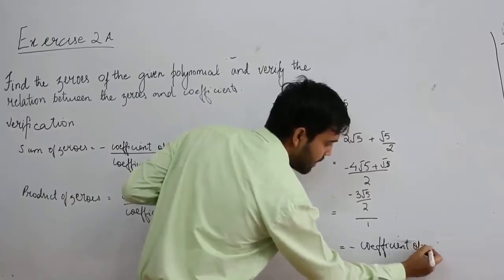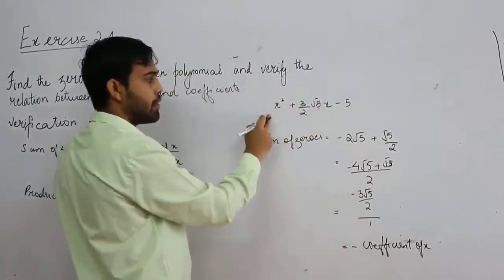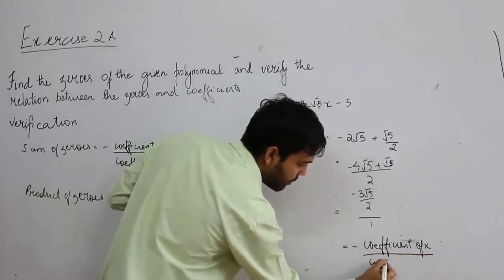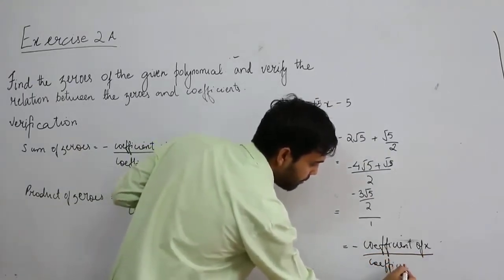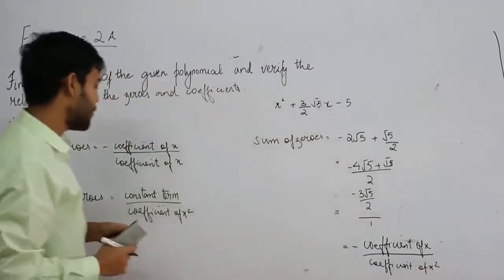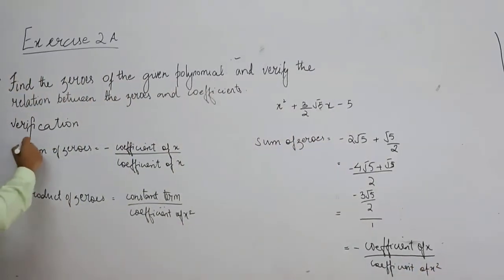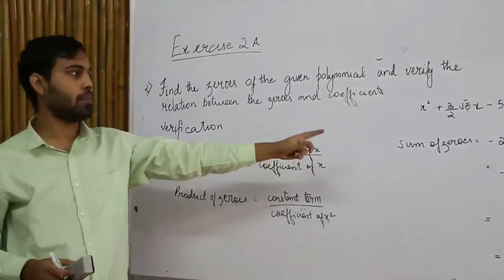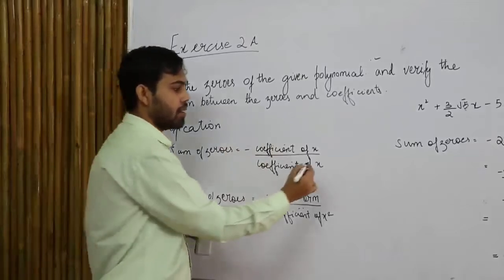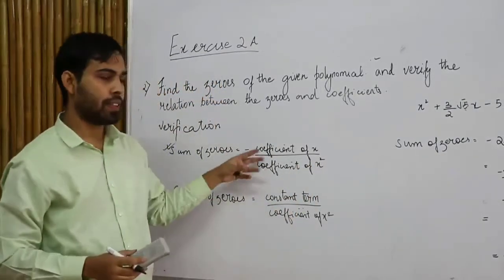So this first relation is verified. It holds: the sum of the zeros is equal to minus coefficient of x by coefficient of x squared.